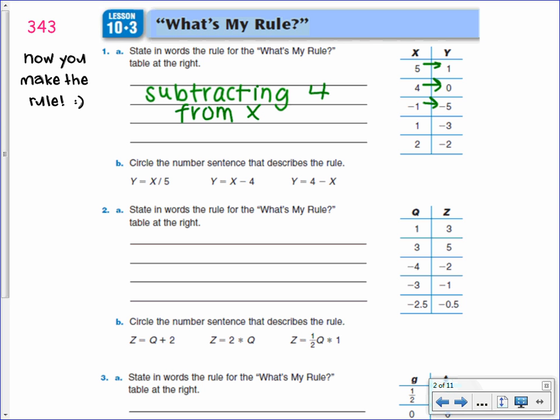So now they give us 3 number sentences: X divided by 5, X minus 4, or 4 minus X. If we had to make a number sentence for this, what are they doing each time? Right? X minus 4. Bingo, because they're taking 4 away from x.